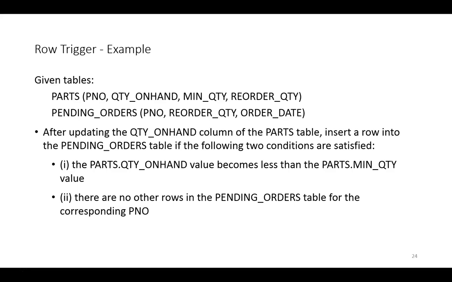We don't want that to happen. We don't want to come in the next morning and find the parking lot filled with tractor trailers, providing us with a lifetime supply of whatever the part is. We simply want a single order that reflects that reorder quantity. So that's why we have to check this second condition.